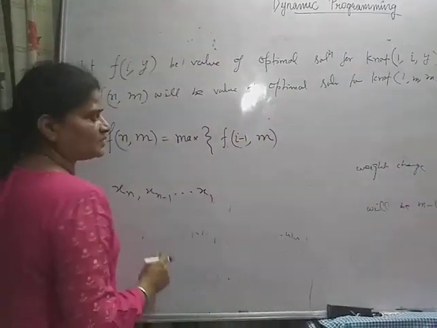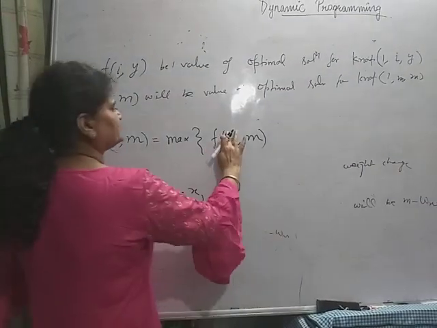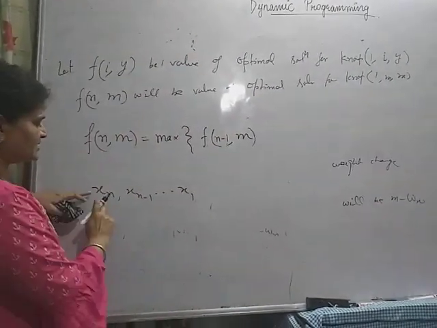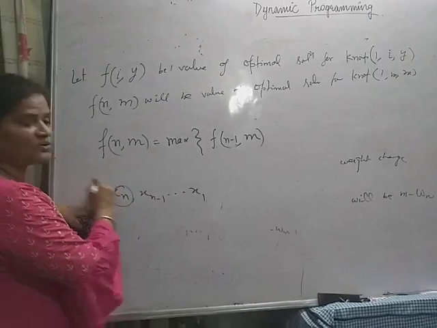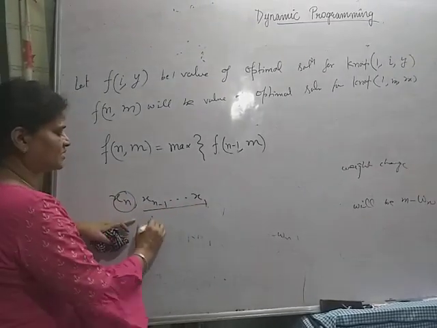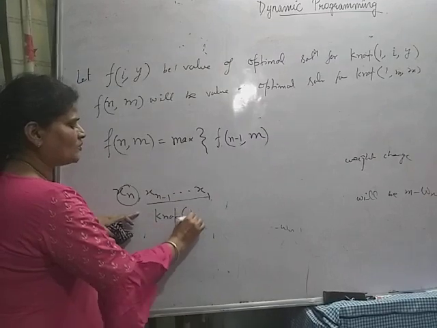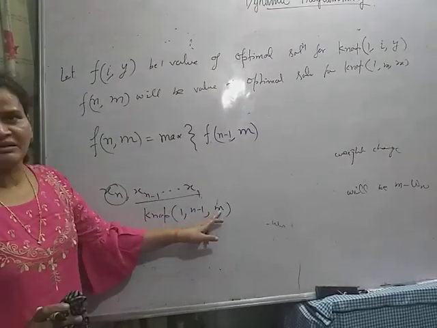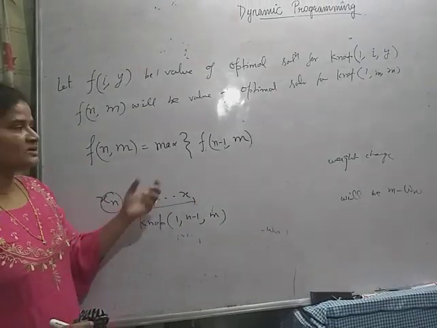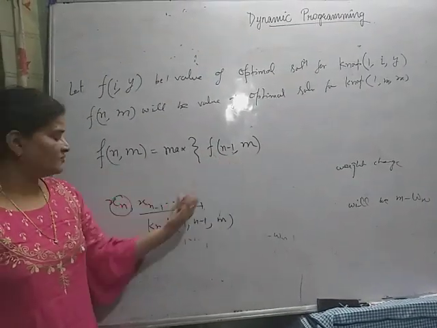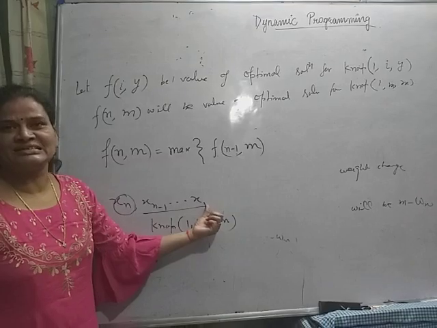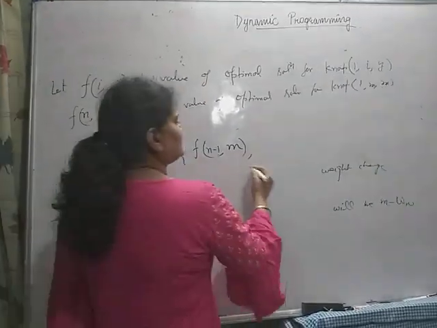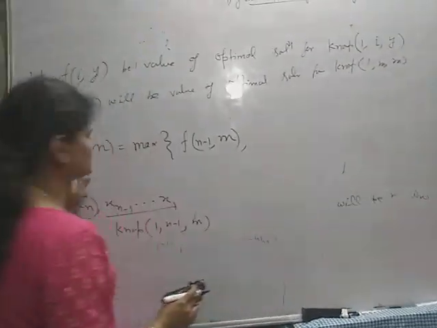Because if the nth object is 0, then the problem is converted into knapsack 1 to n minus 1, m. There is no change in the weight, so whatever the optimal value for the remaining decision sequence, this will be the profit. Now the second: there are two choices for xn.